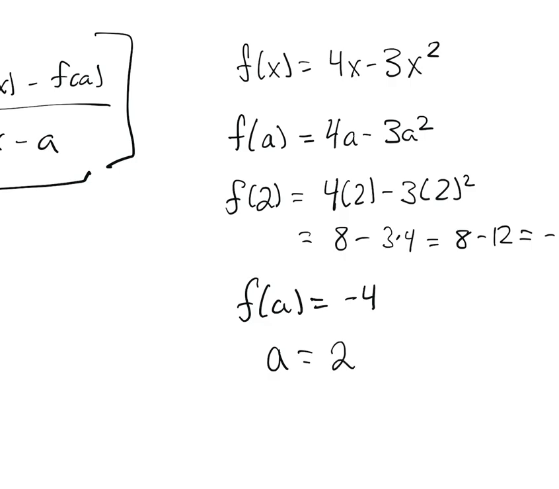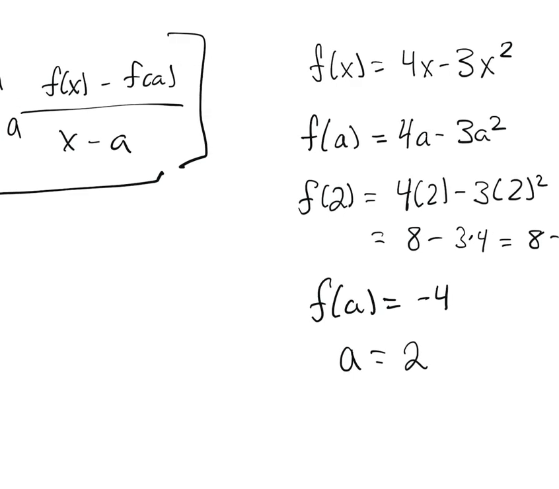So now using this formula for our equation, we have the limit of f of x minus f of a over x minus a as x is approaching a. So our f of x is 4x minus 3x squared. Remember, we want to get that limit out in front. I forgot to write that out in front.